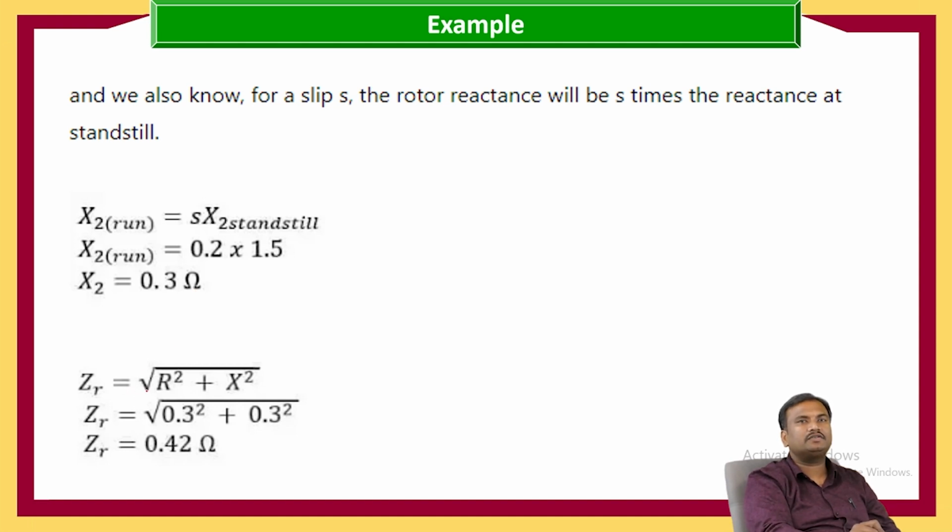Then ZR is equal to square root of R square plus X square, that is 0.3 square plus 0.3 square, and we get the impedance of the rotor as 0.42 ohms.